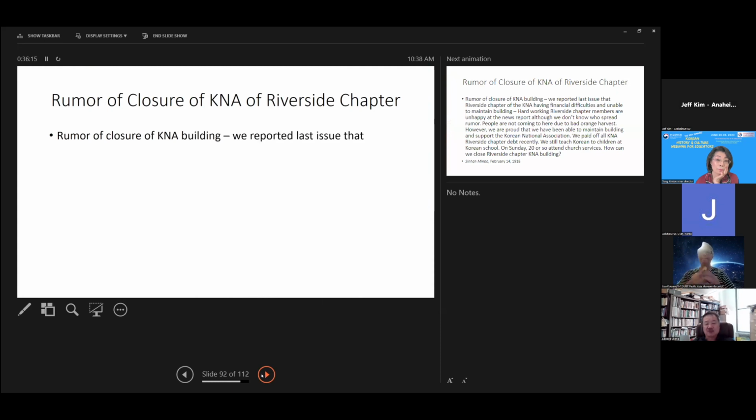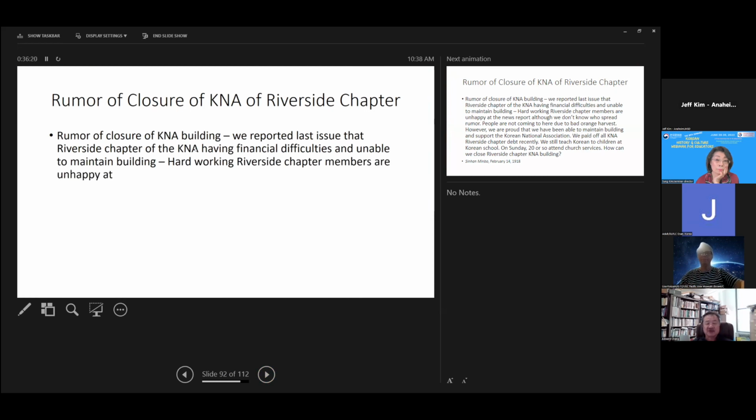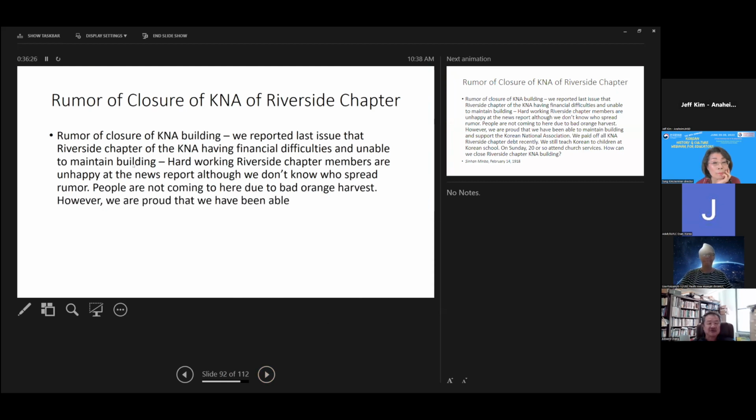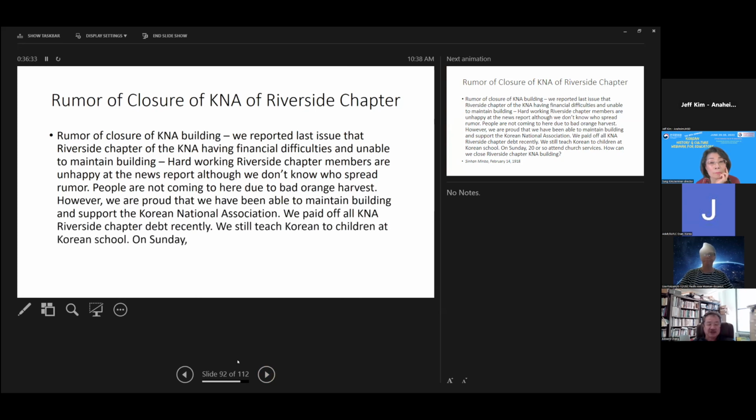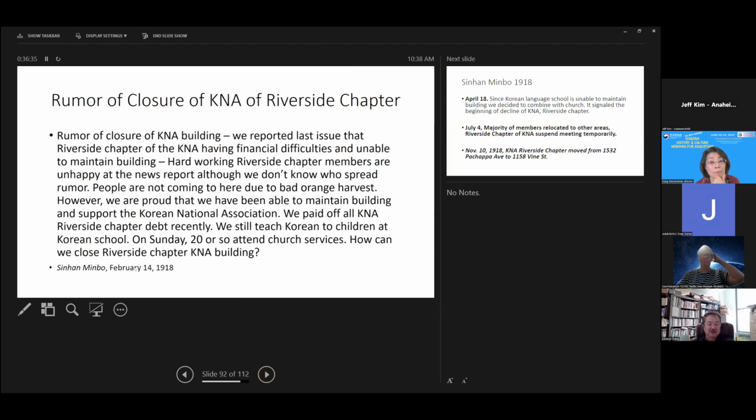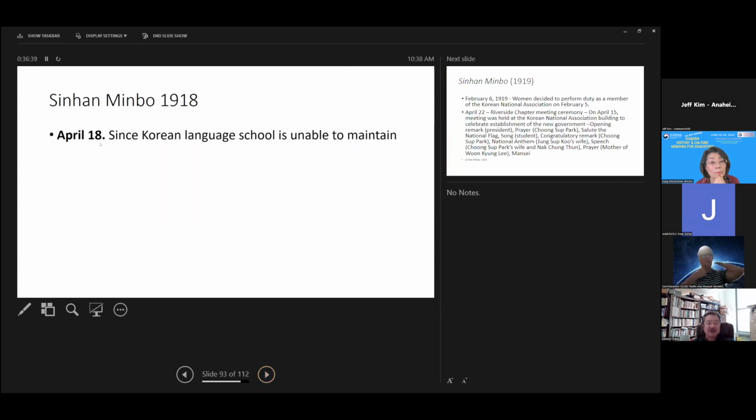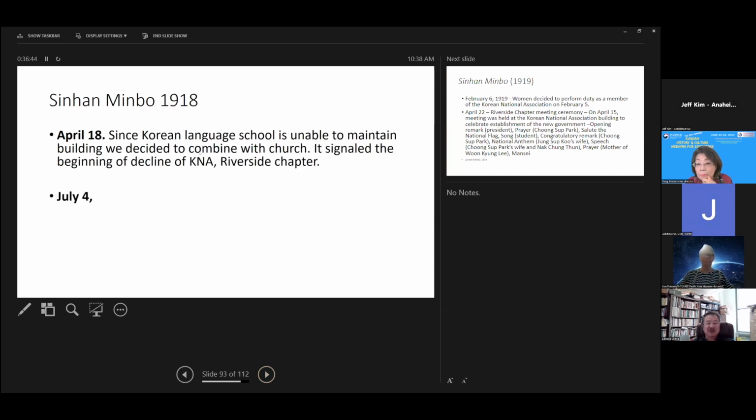Shinhan actually reported the rumor of the closure of the Korean National Association building, saying it had difficulties and was unable to maintain the building. They reported this in early 1918, February 14, 1918. And on April 18, the Korean language school, unable to maintain its building, decided to combine with the church.